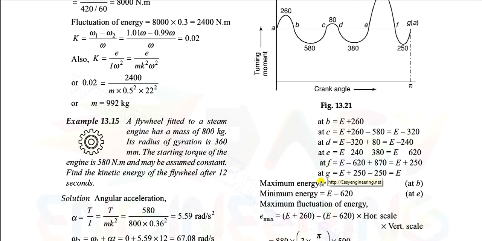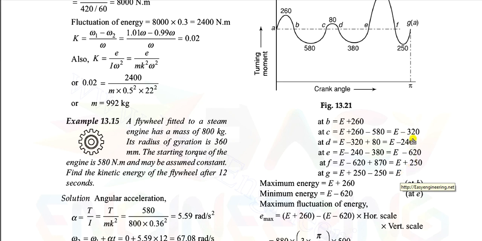So at point G, energy is E plus 280 minus 580, like that also you can do, but he has already solved it. So at E he is getting, again at G he is getting E. So here we got energy at G is equal to E.